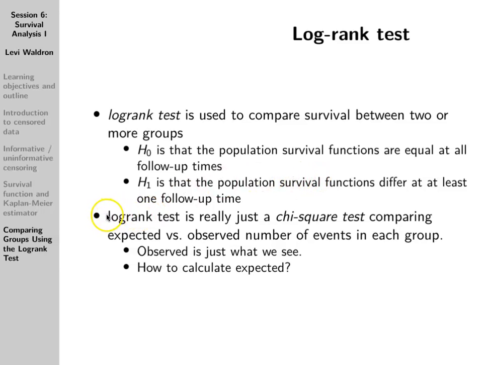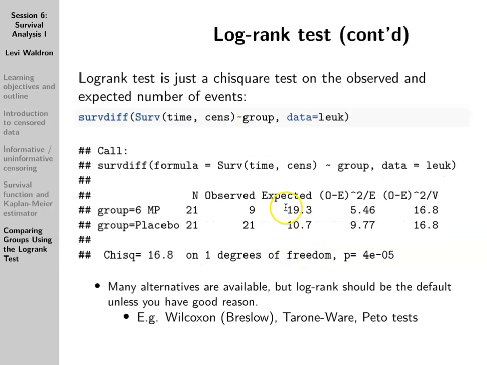And this log rank test, it's very simple. It's just a chi-squared test comparing the expected versus observed number of events in each group overall in the study. So the observed is just what we see, and the expected is based on the survival function.